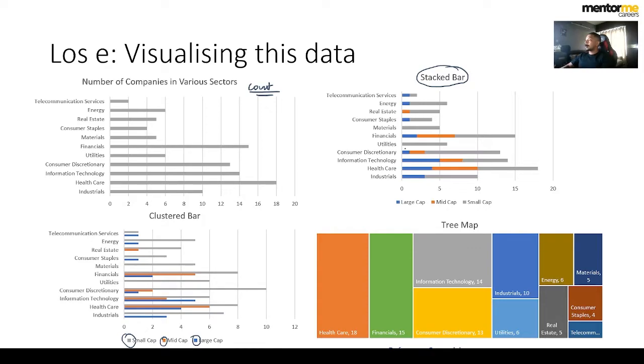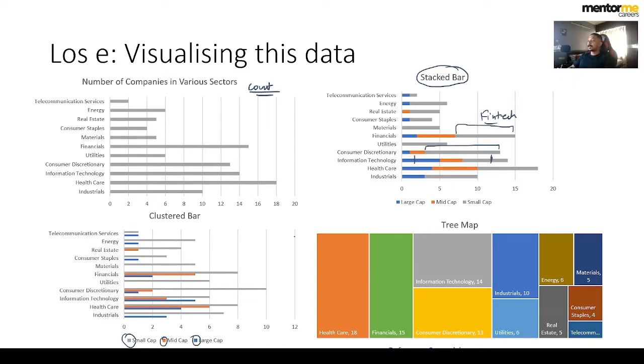Look at financials: a lot of small companies, majorly I think because of the fintech revolution that is happening. Look at consumer discretionary: a lot of companies, because so many companies are coming up with so many products which people can take. Look at IT: either companies are very large or very small. So this is how it becomes very interesting.